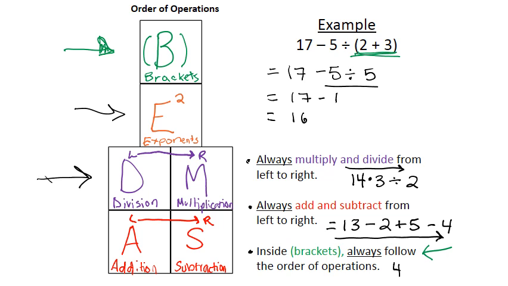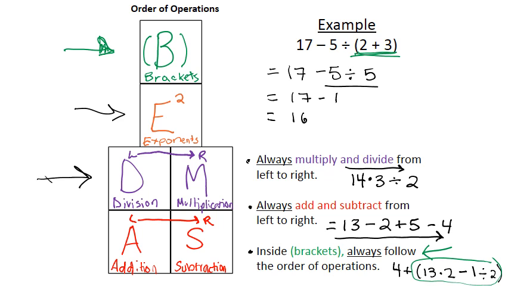So if you had 4 plus 13 times 2 minus 1 divided by 2, you would follow the order of operations inside of our brackets here. So first we do 13 times 2, then we do 1 divided by 2, then we'd subtract them.